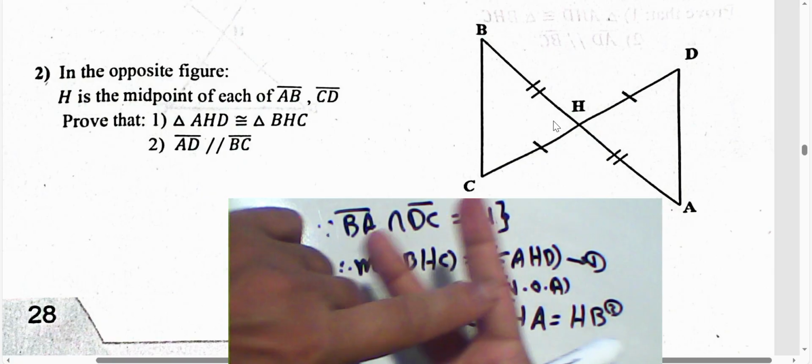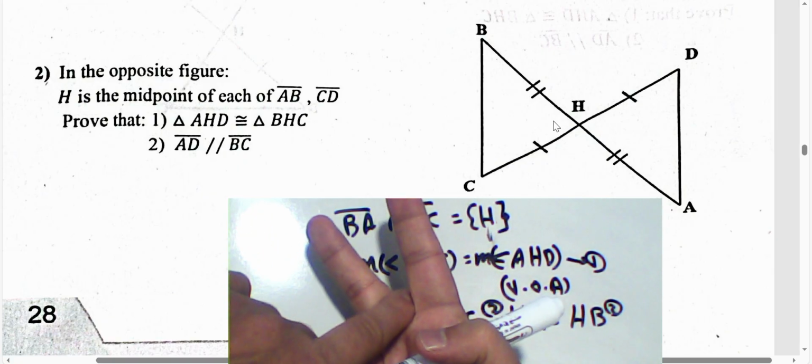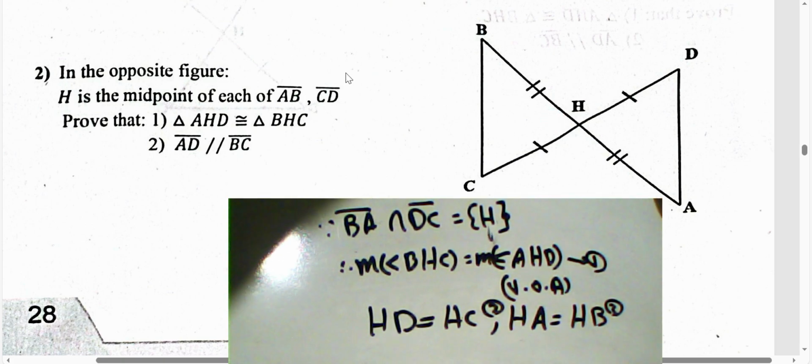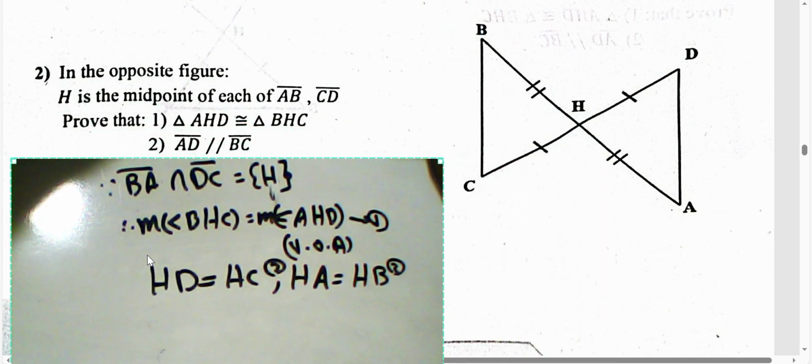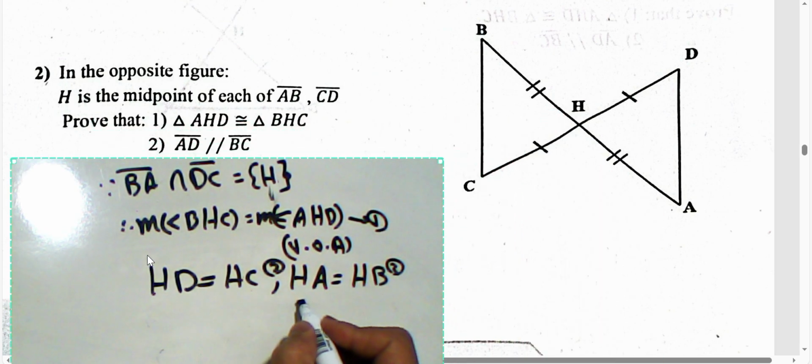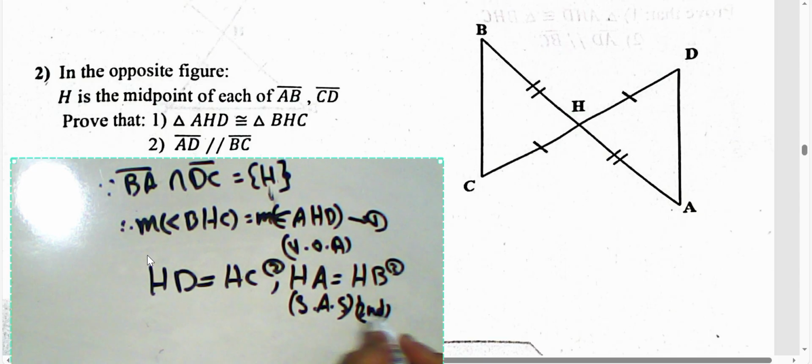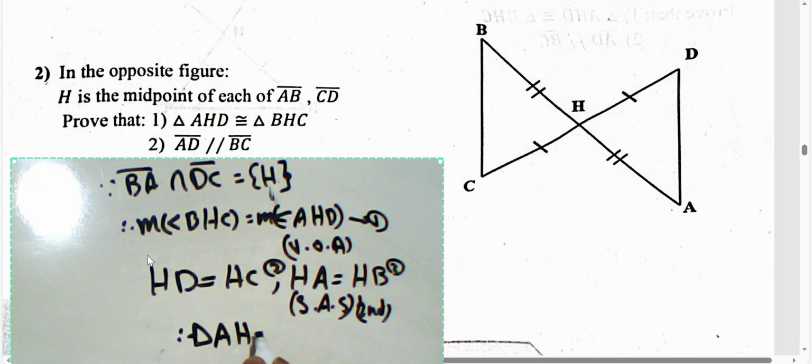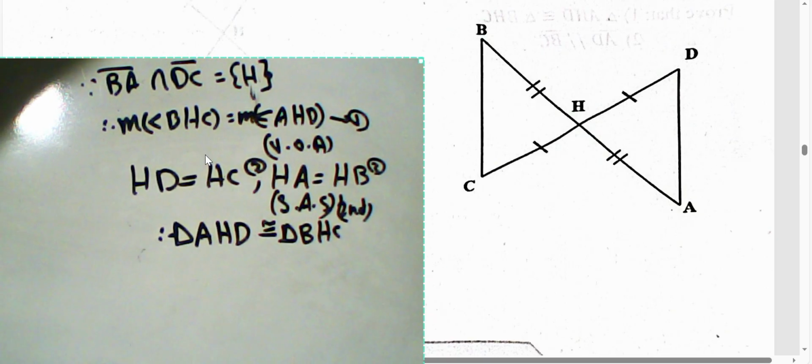Then we have two sides and the included angle between them. It's the second condition. Okay, we have side, angle, side. Then the first triangle AHD is congruent to the second triangle PHC. They are congruent, so we can find the measures of corresponding angles.